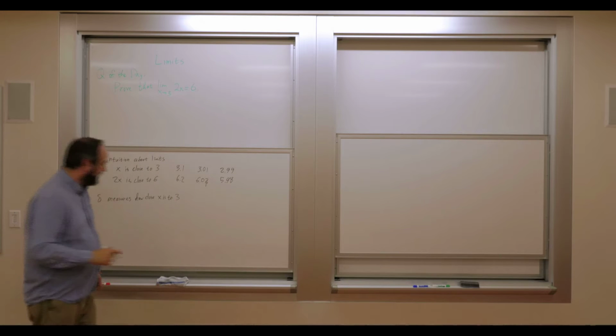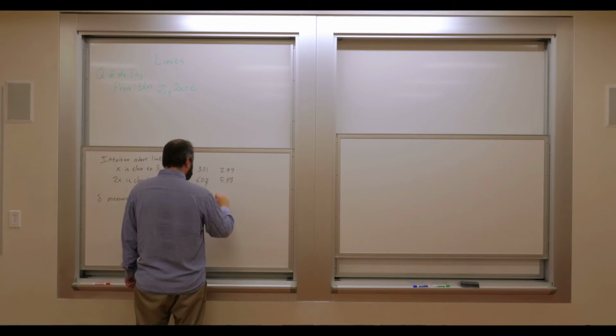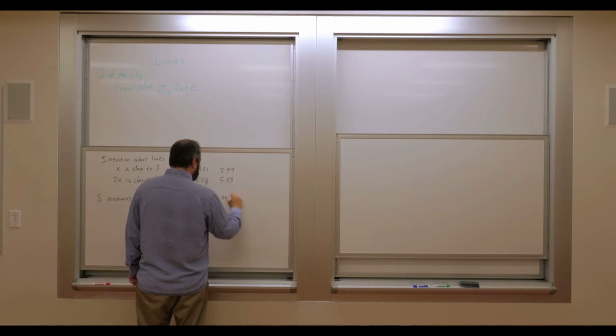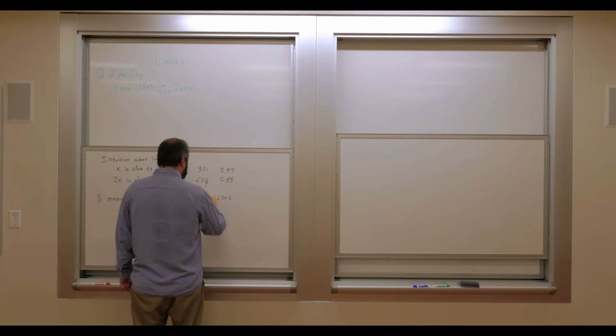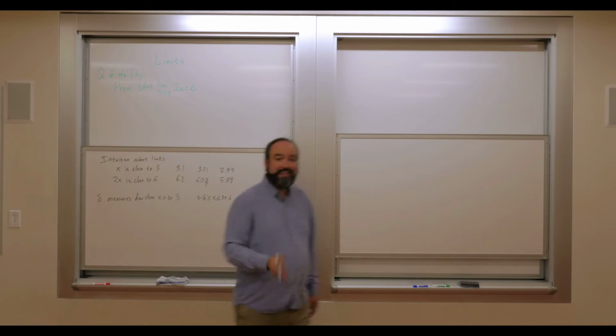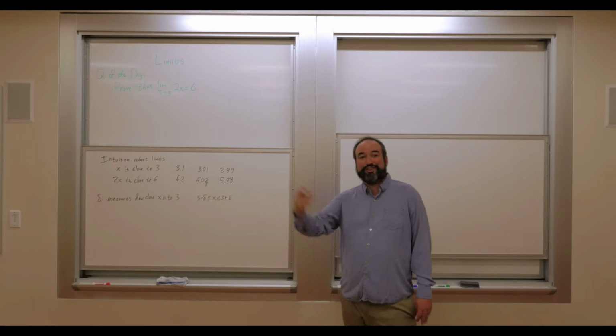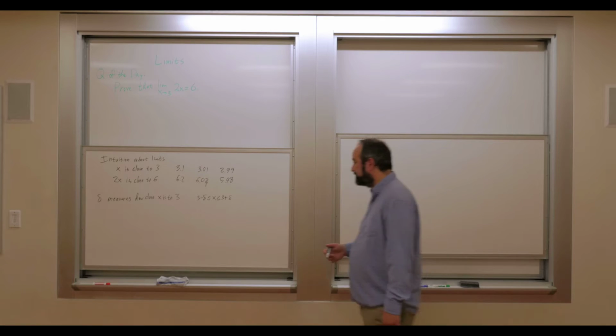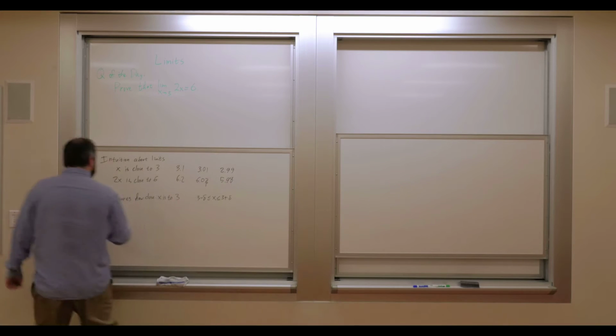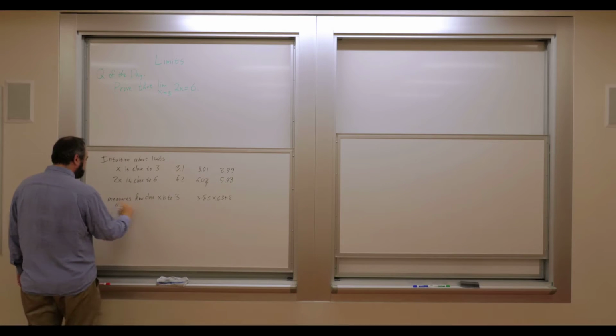So what I'm going to say is that x has to be between 3 plus delta and 3 minus delta. And you can see that as I make delta smaller, x is getting closer and closer to 3.